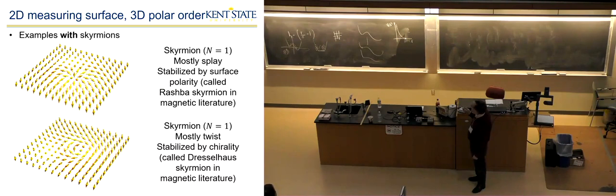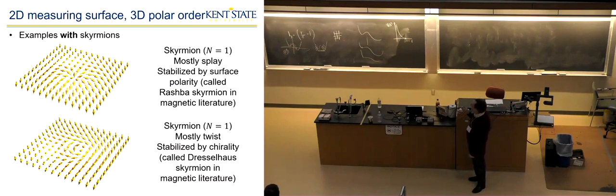Here is a possibility where right at the middle you have the vector towards the North Pole. As you go outwards, you cover more and more orientations. And when you go out to infinity, you're pointing down towards the South Pole.